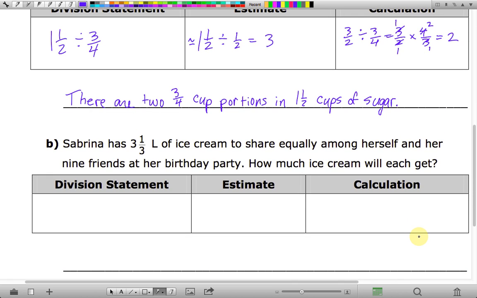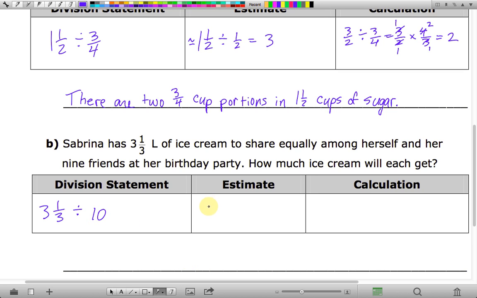It says Sabrina has 3 1/3 liters of ice cream to share equally among herself and her 9 friends at her birthday party. How much ice cream will each get? So we're taking 3 1/3 and dividing by her and her 9 friends. That's 10 people in total.